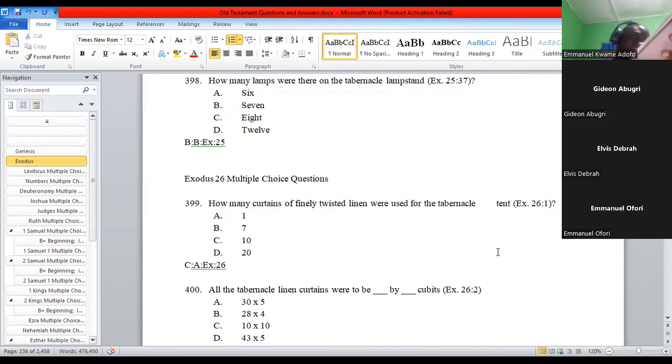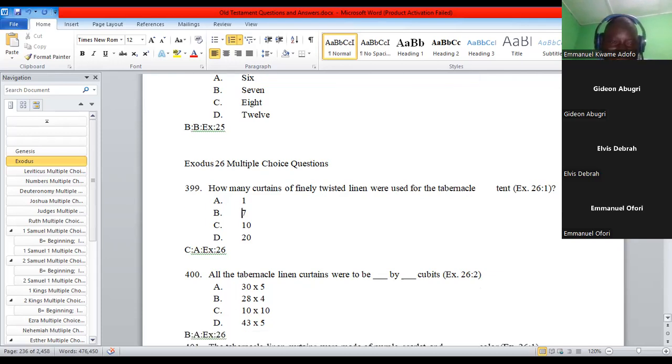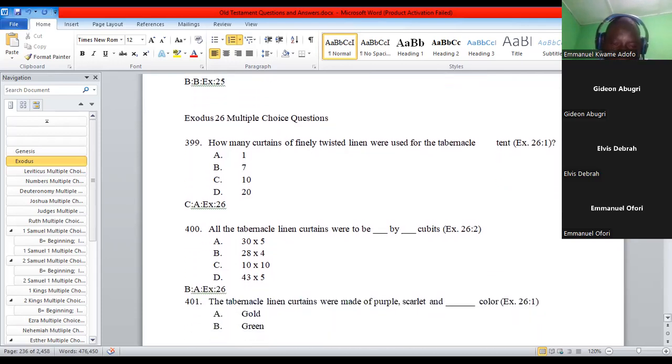How do you know? The length of each curtain shall be 28. So I'll take the 28 times 4. 28 cubits. You take the 28 times 4 because you have the 28 cubits.